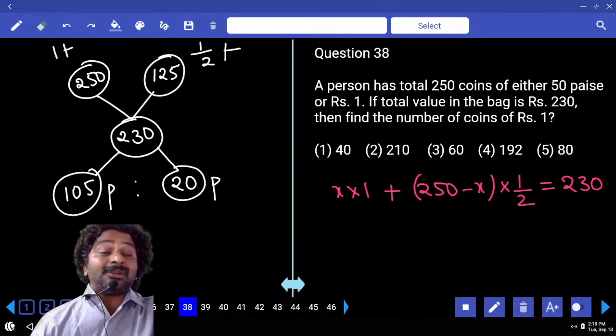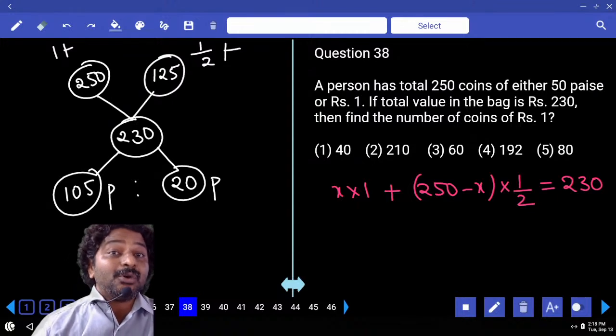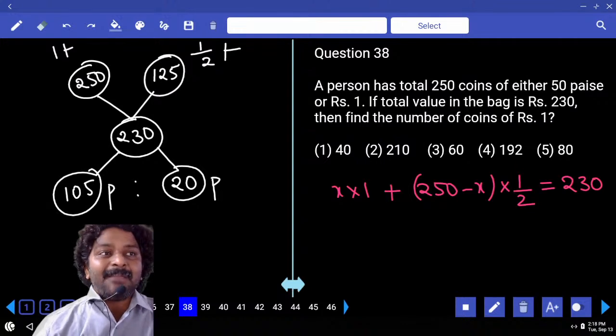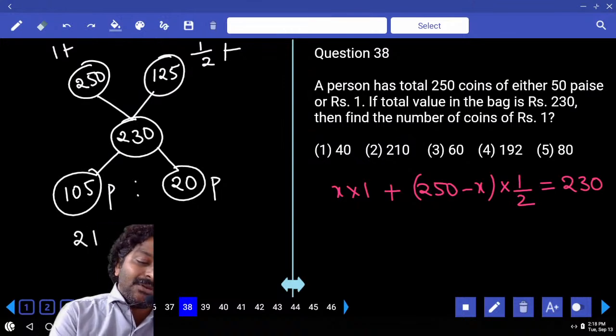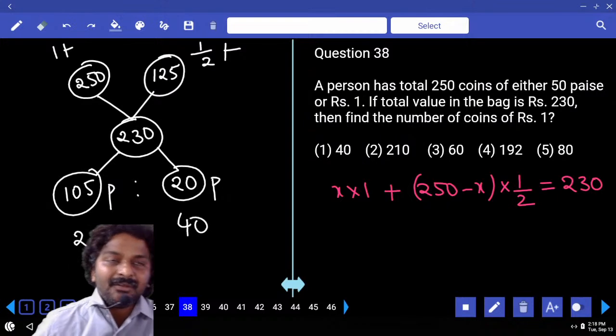That must be the total number of coins, right? How many total coins are there? 250. 250 is now divided into 125 parts. So each part is equal to 2 coins. 105 parts, 210. 20 parts, 40. What is your answer? Question is about 1 rupee coins. That is 210.